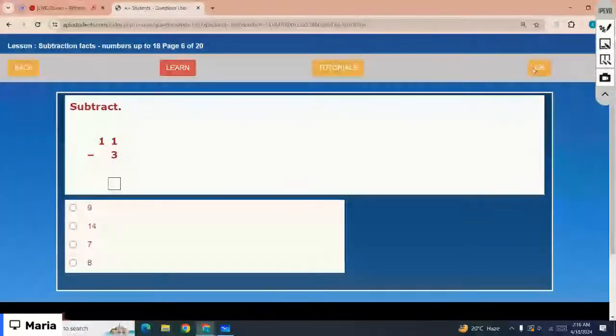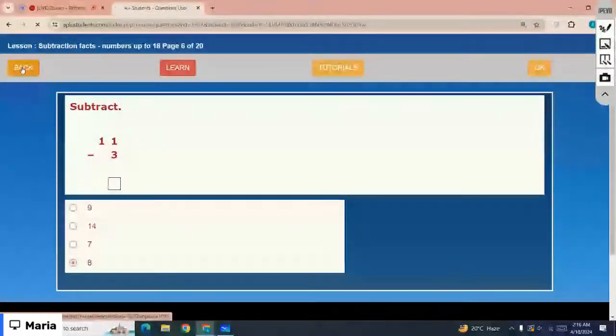The next one is 11 take away 3, which is the correct option? 11 take away 3 is very good. 8 it is. Okay, you can complete the lesson by yourself later today.